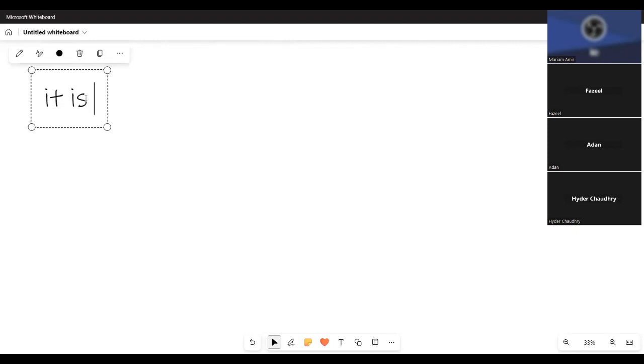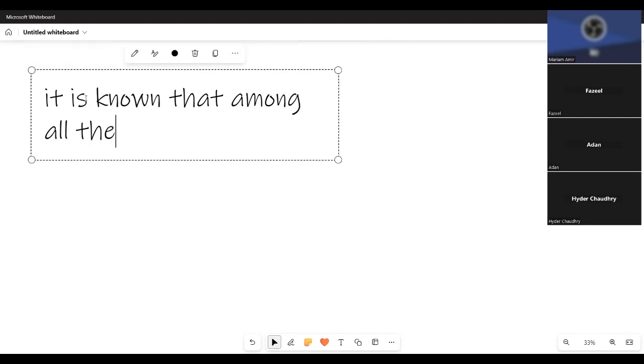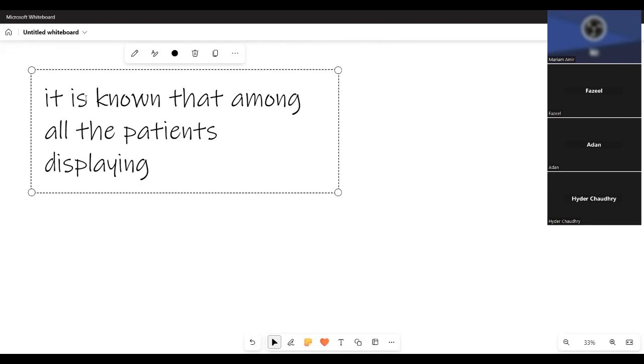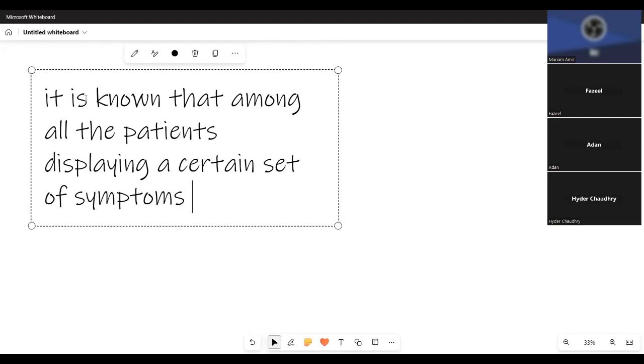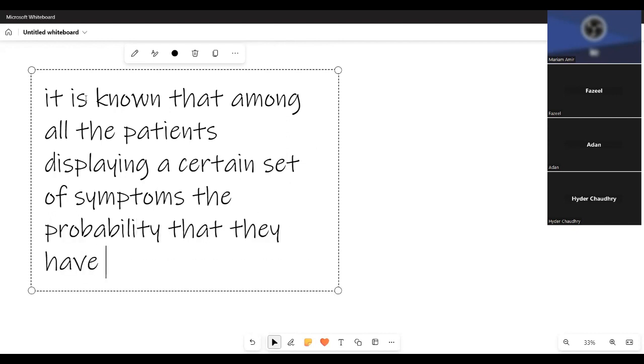It is known that among all the patients displaying a certain set of symptoms, the probability that they have the disease is 0.001.